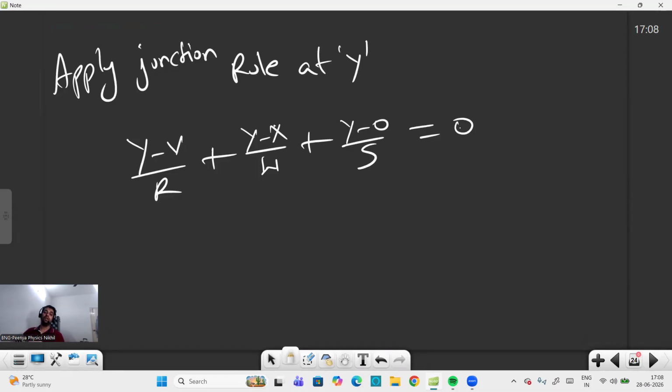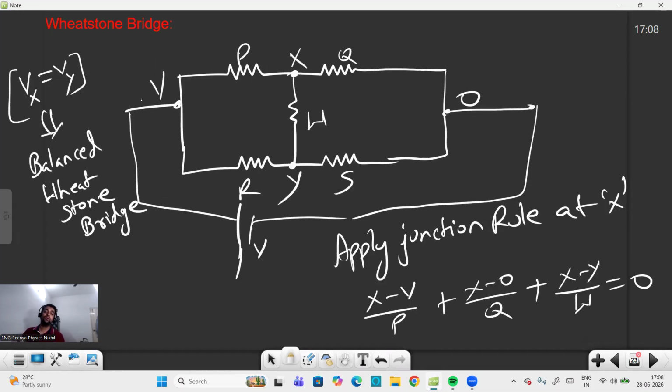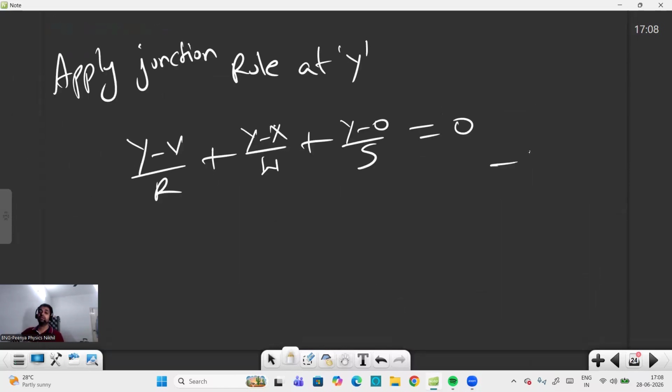Correct? Now here, as I discussed, in the case of a balanced Wheatstone bridge, the potential at X and Y are the same. So this is equation 1 and this is equation 2.